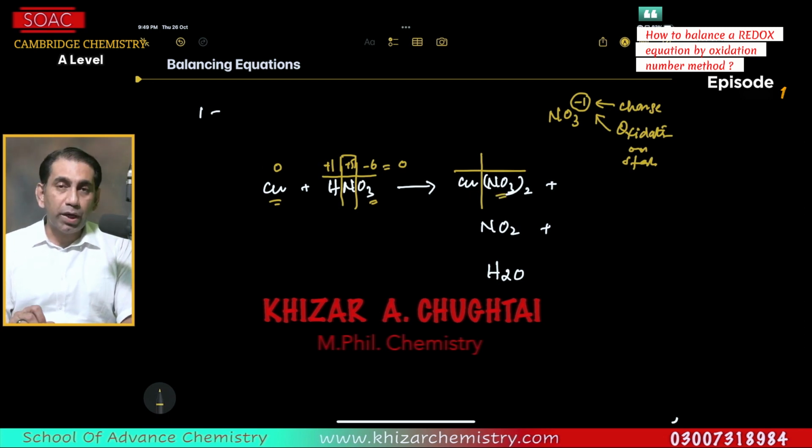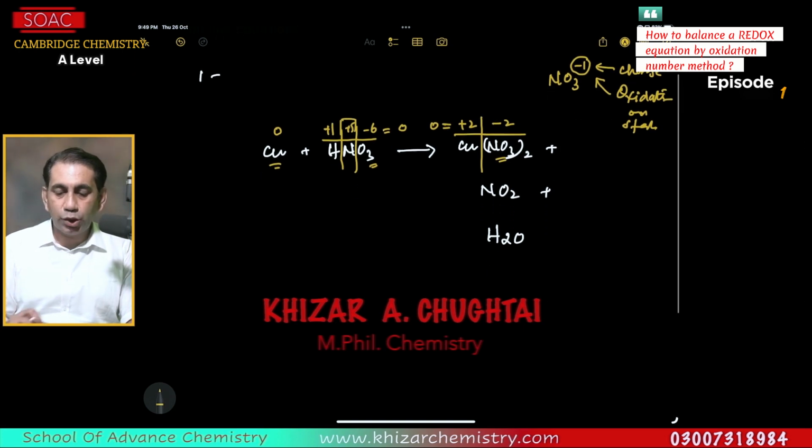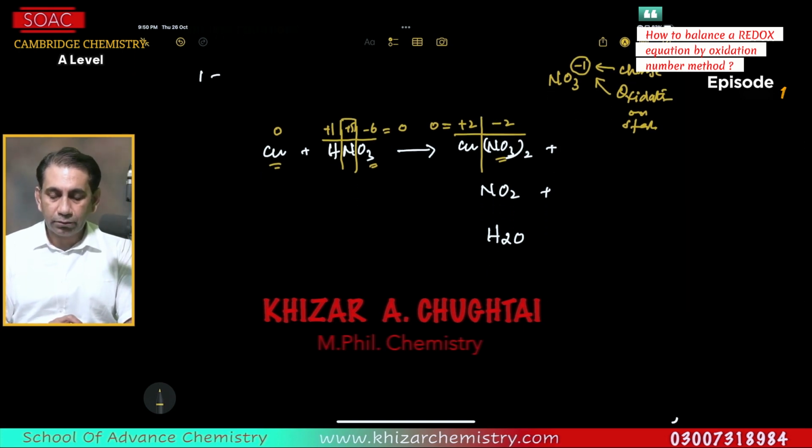Here there are two nitrates, so I'm going to write -2 over here. One nitrate is -1, two nitrates is -2. To make the sum equal to 0, I will have to write +2 for copper. So in this case, copper has a +2 oxidation state.